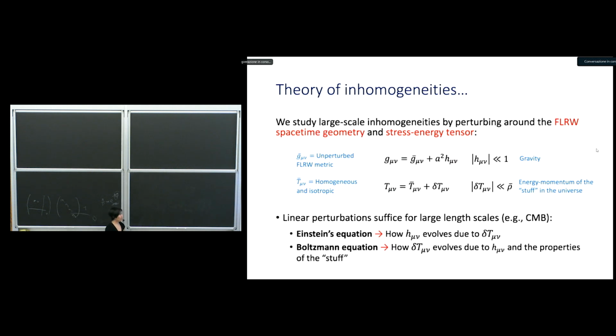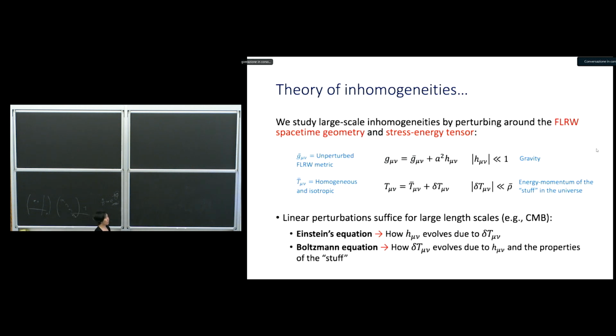Now, if we do perturbation theory, then of course you can perturb to very high orders. But as far as calculating things like large-scale structure and CMB anisotropies is concerned, these are things that happen on pretty large scales. So linear perturbation theory normally suffices, okay?